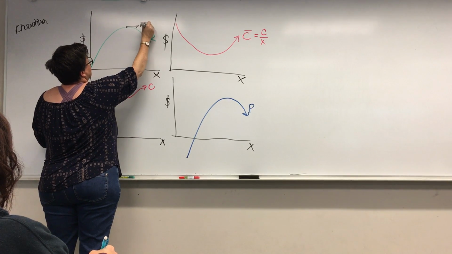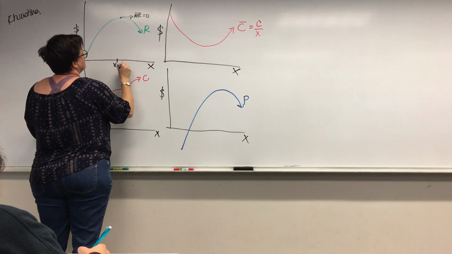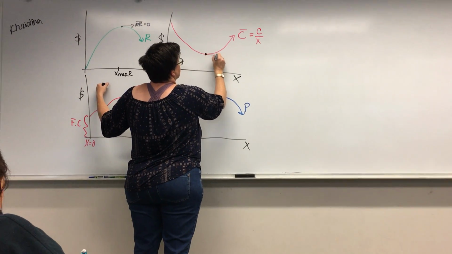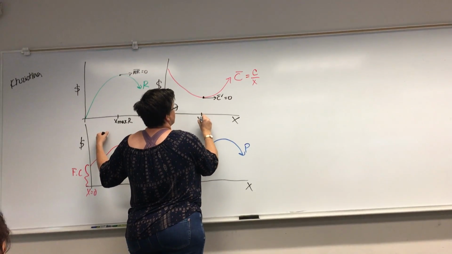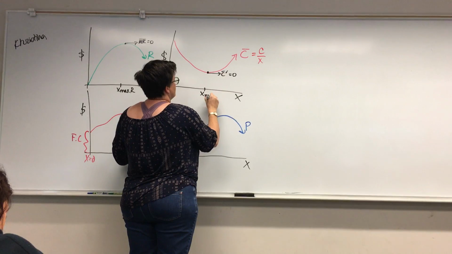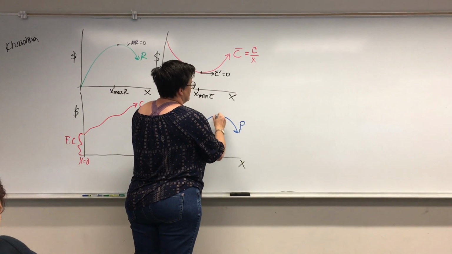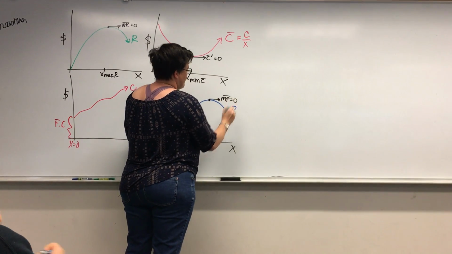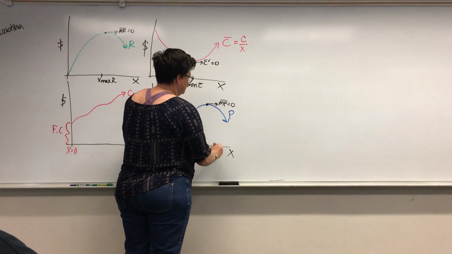Yes, because guess what, guys? Where marginal revenue equals 0, that's the x that gives us max revenue. Where the derivative of average cost equals 0, that's the x that minimizes average cost. Where the derivative of profit equals 0, that's the x that gives us max profit.